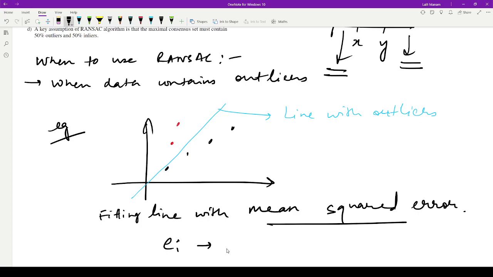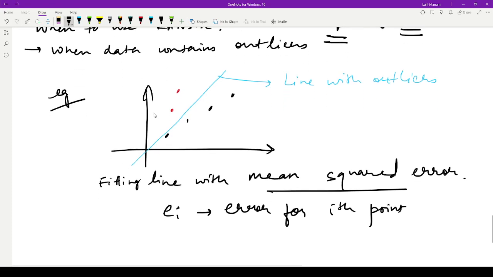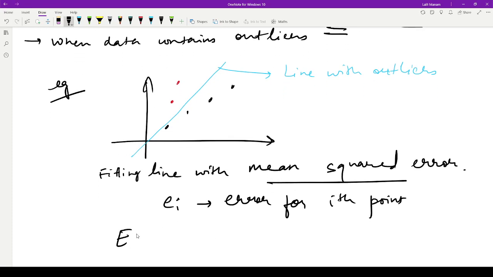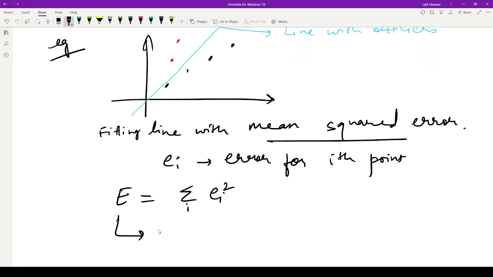If you have an error for every point, this is the error for the ith point, then our final error is just the summation of each of the errors over all the points. This is the total error, which is the mean squared error, MSE.